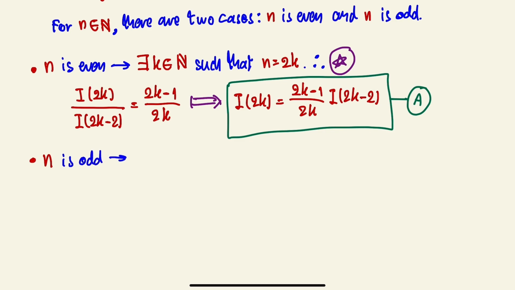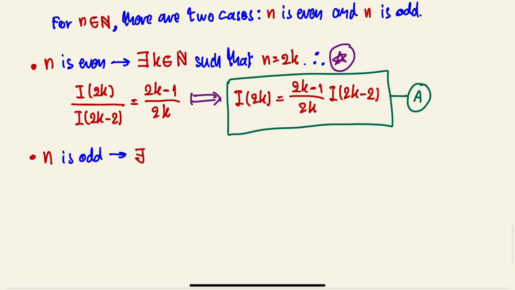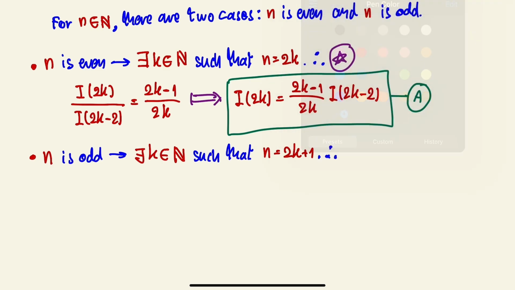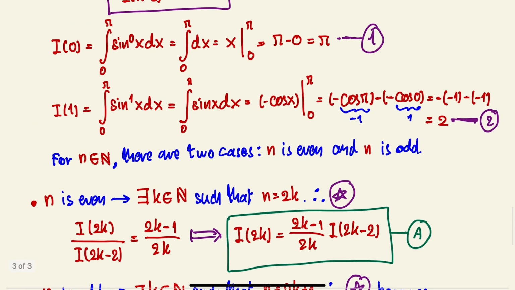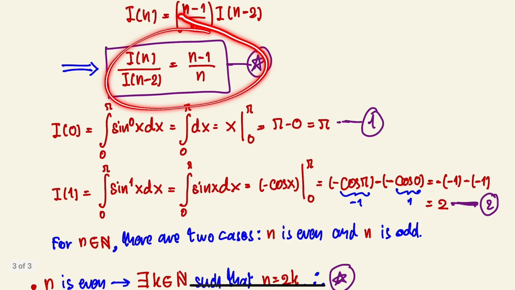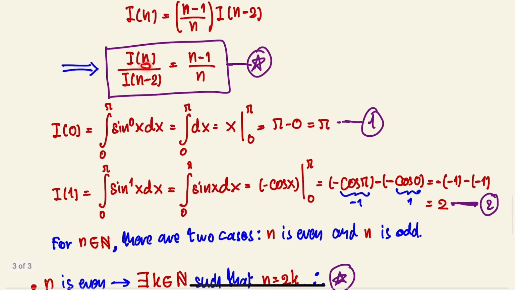Next, when n is odd, there is a positive integer k such that n equals 2k plus 1. So what happens to the equation? We plug 2k plus 1 into n.